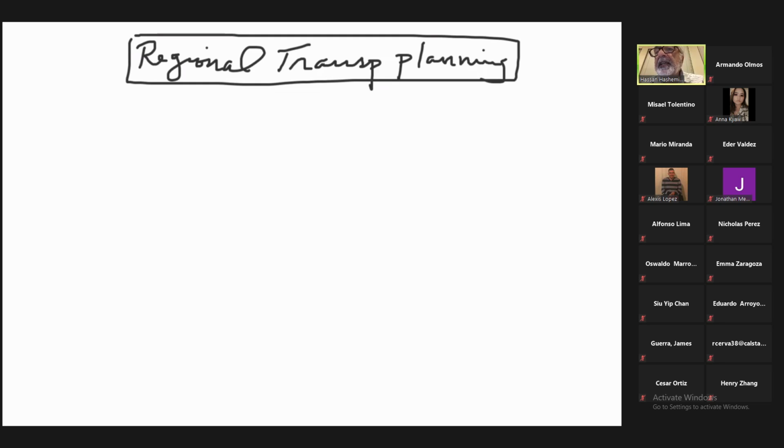For instance, in Southern California, one of the agencies in charge of the transportation planning is called SCAG. SCAG stands for Southern California Association of Governments. They are in charge of regional transportation planning of Southern California. Central California and Northern California have similar agencies that do the transportation planning.